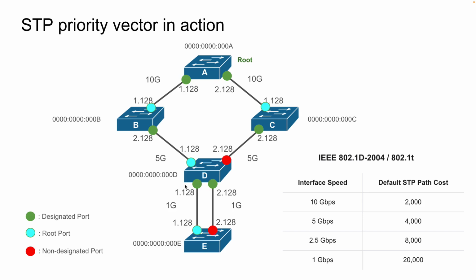Since 128 is the default spanning tree priority of each port, and the port priority also contains the port number, the lesser port number wins elections on the local switch E. So it designates port number 1 as root port and port number 2 as non-designated and blocks it.